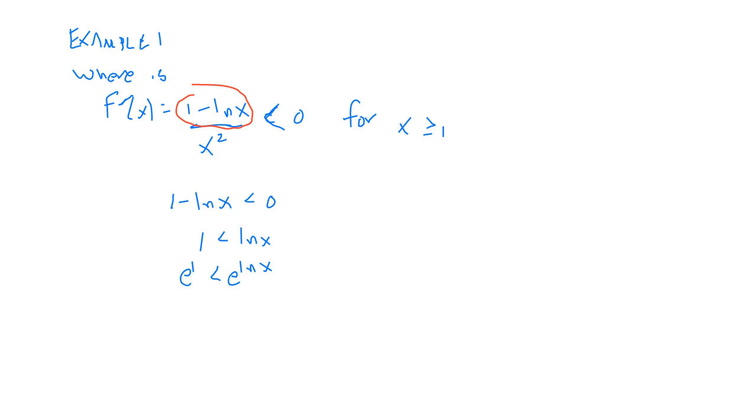And this means then, well, what's e to the log of x power? What's the right-hand side going to be of this inequality? You know what e raised to the log of x power is. That's just x. That's right, Michelle. So x is greater than e.